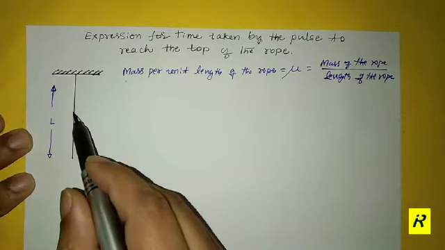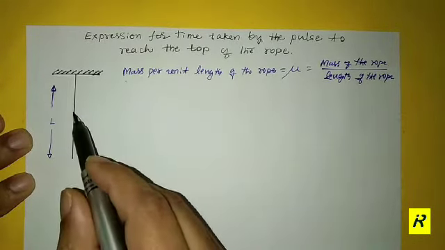What you are seeing here is the equivalent mass of the rope of length x.